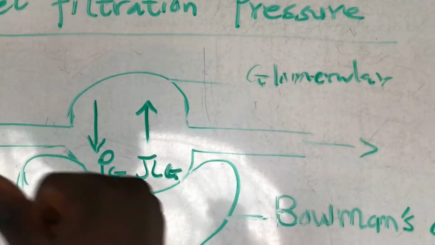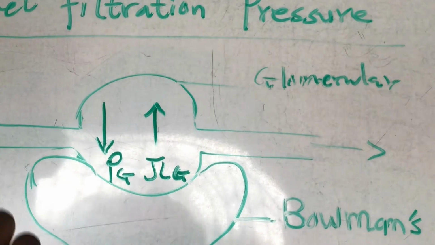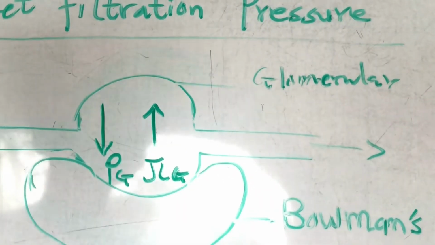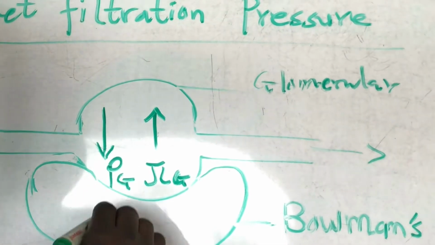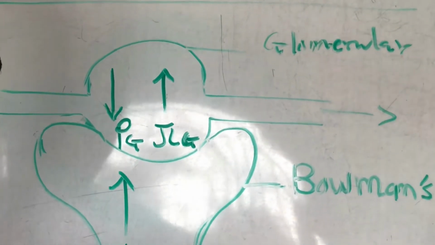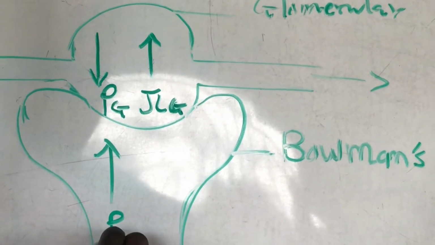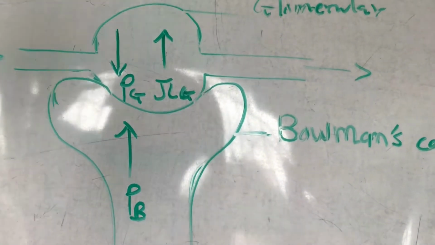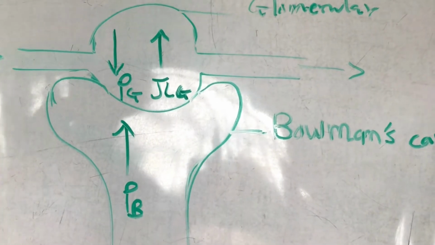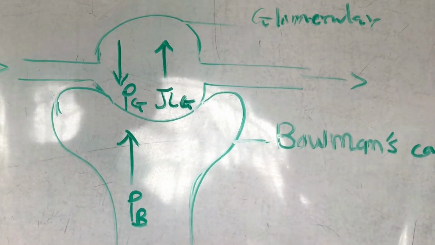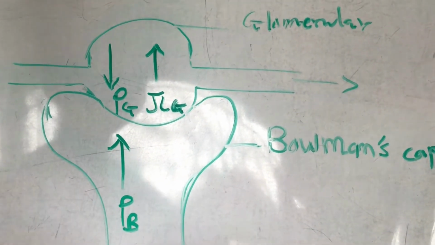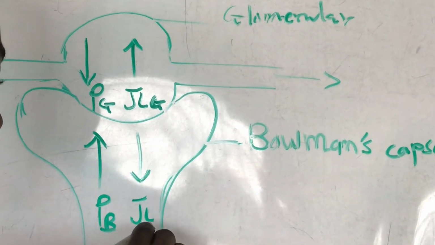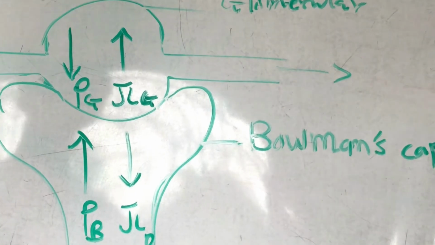Looking at the Bowman's capsules, the hydrostatic pressure inside pushes fluids upwards, which opposes the hydrostatic pressure in the glomerular, meaning that it opposes filtration. And the oncotic pressure would then pull fluids downwards, which also means that it supports filtration.